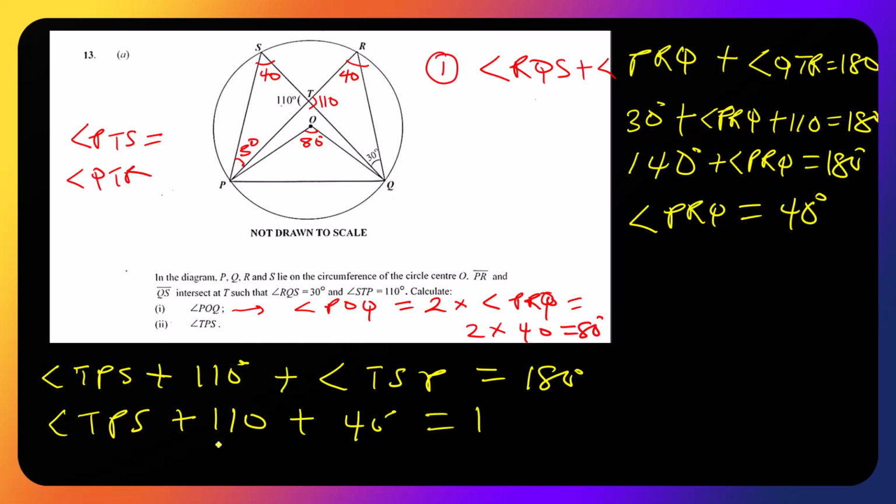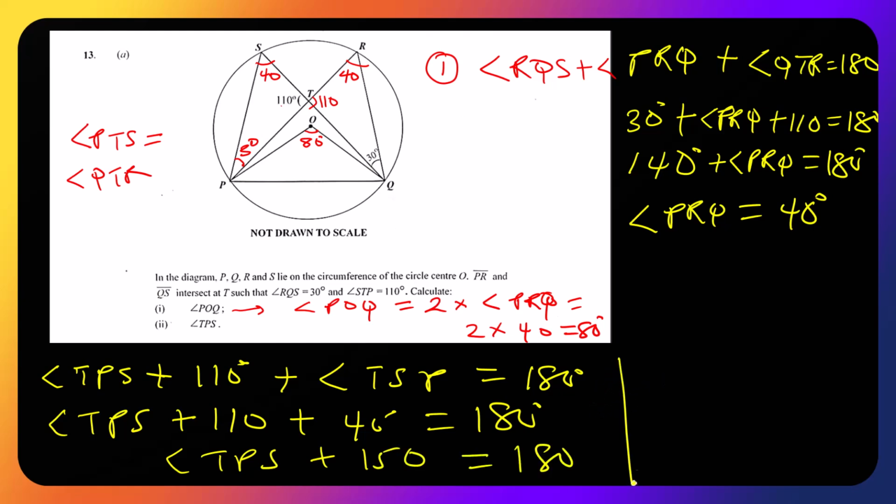So we have 150. Angle TPX plus 150 equals 180. So angle TPX will be 180 minus 150. Therefore, the answer is 30 degrees.